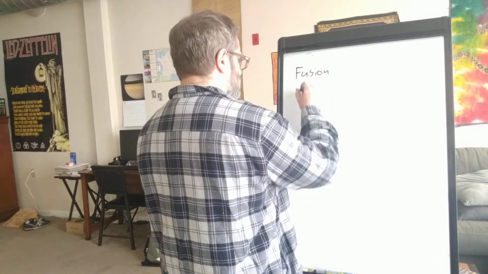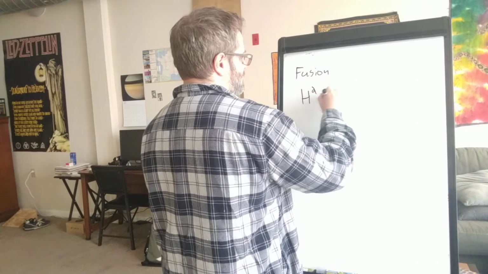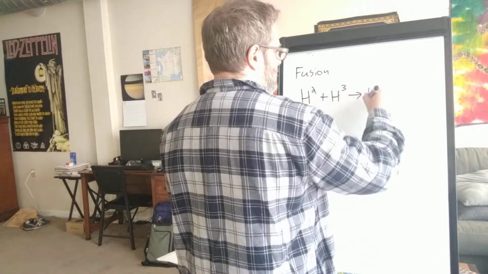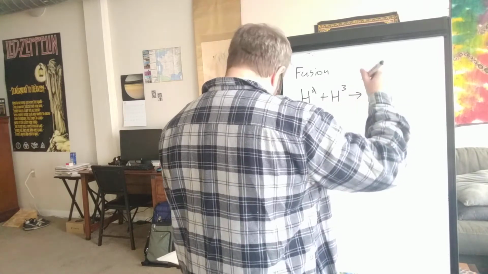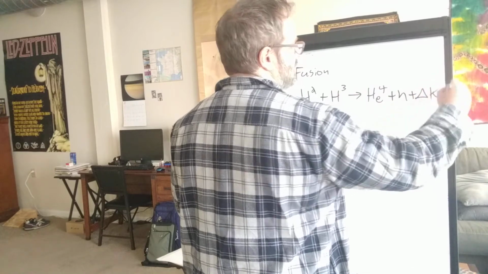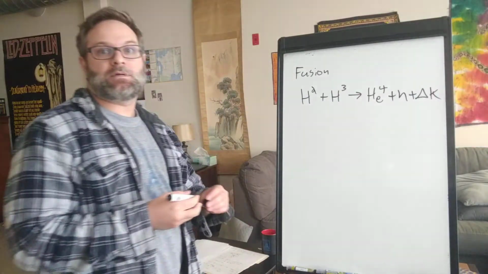So we've got H2, H3, and they can combine to make helium-4 plus a neutron plus lots of thermal energy.